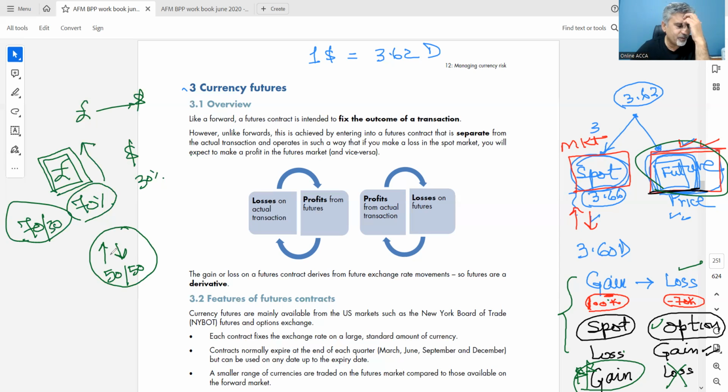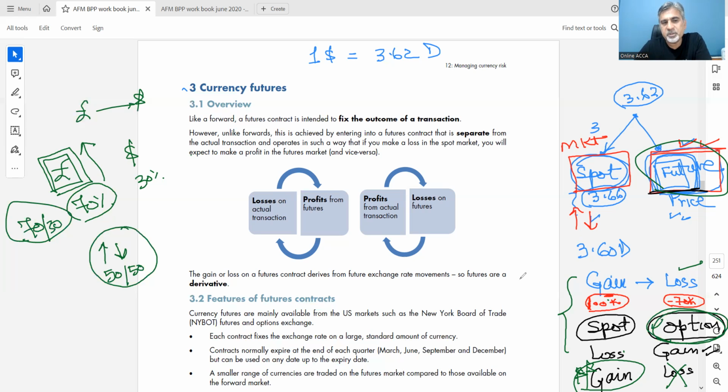Now, in real life, when we know that it can move either way, 50-50, we go for the options contract, because we don't know whether it will go up or down. So we say we want to keep the option of letting it lapse.